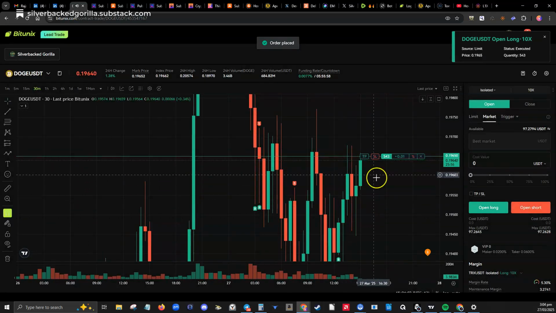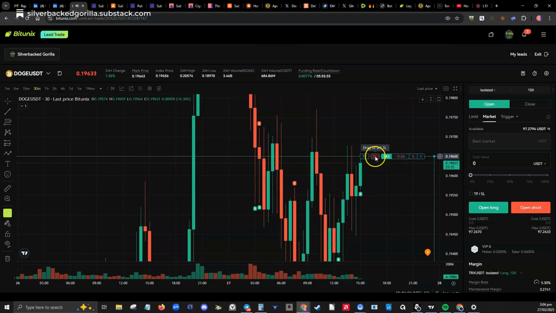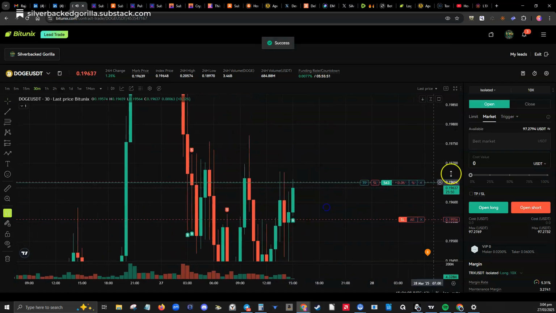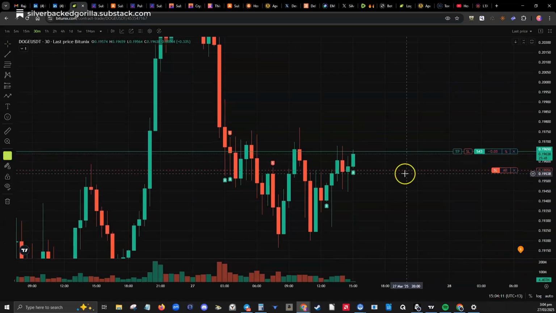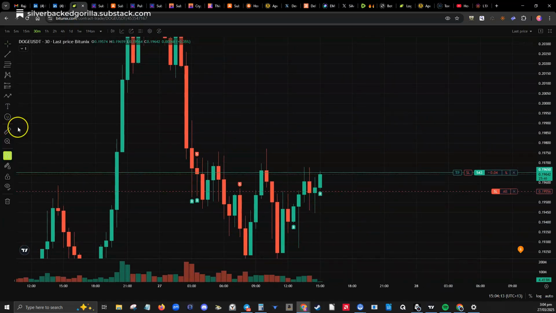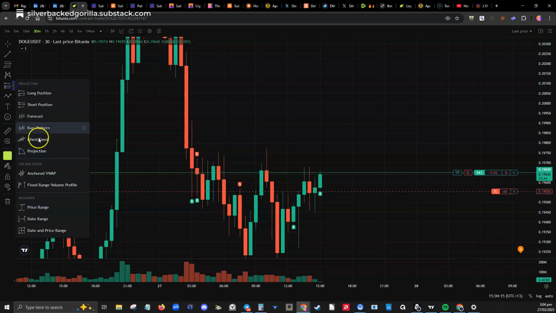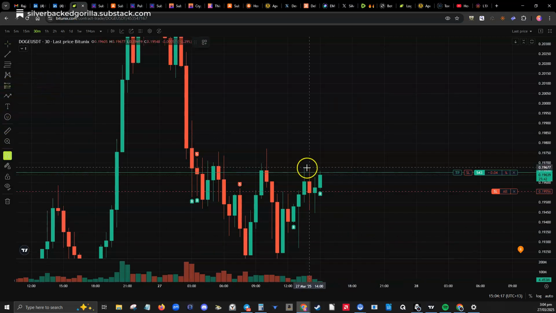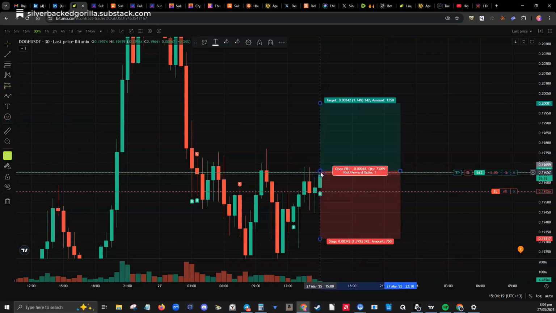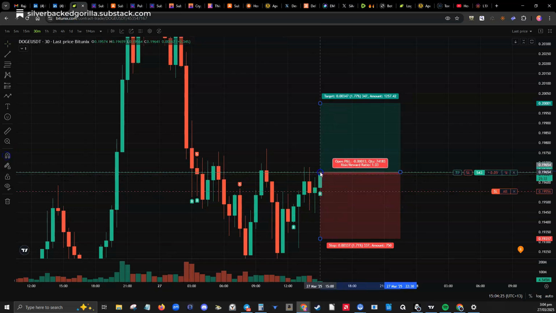Okay, so that's filled. So I can bring this down below this candle here, and then just open that up. And essentially, every time if I want to do a quick trade, I just basically set up a 3-to-1, make that a long position, set that up exactly where I entered. If this magnet's on, just turn it off if it's affecting you.